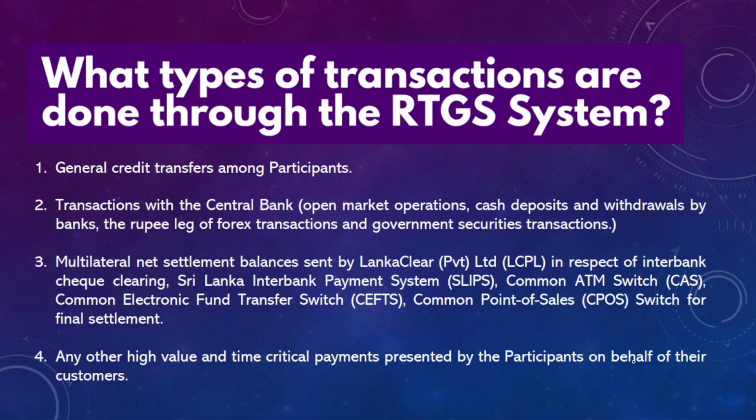Next, what kind of transactions are done through RTGS? If you are going to do a transaction through RTGS, these four types of transactions are allowed. The very first one is general credit transfers among participants. Who are the participants? We just saw them.